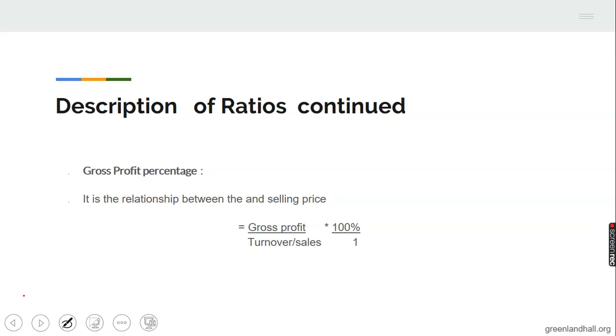So eventually, that relationship is one that gives us the gross profit. So gross profit percentage here is simply the ratio or the relationship between the gross profit that is obtained or generated and the turnover or the sales times 100%.